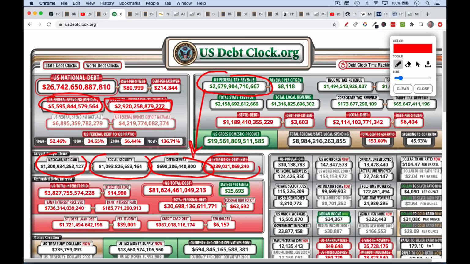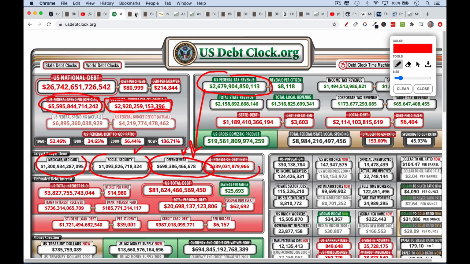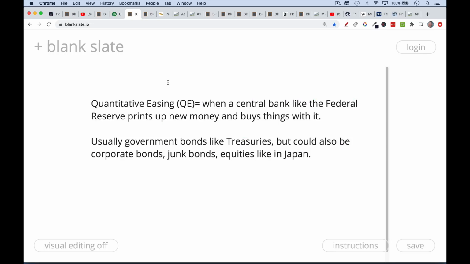So the government needs to borrow money just to pay these mandatory programs. You need to spend money on defense, you need to pay interest on the debt, and you cannot cut Social Security or Medicare. It's just not right or politically feasible. So this is why the government needs to sell bonds in addition to collecting taxes.